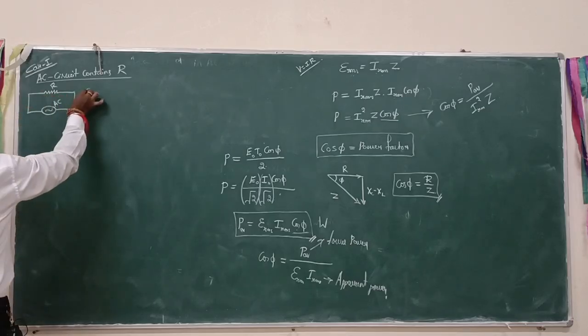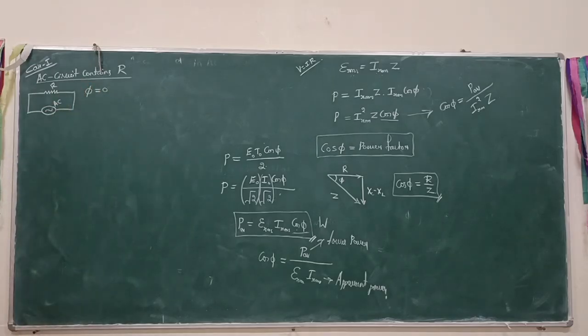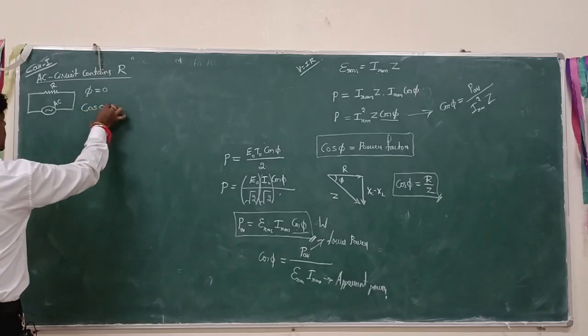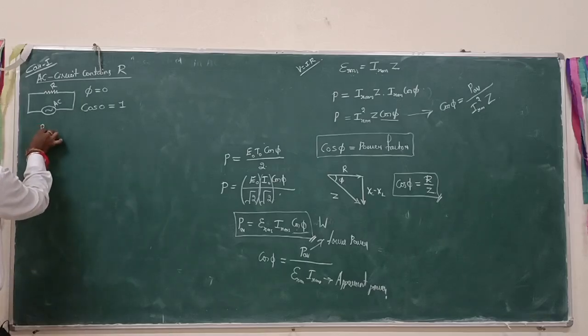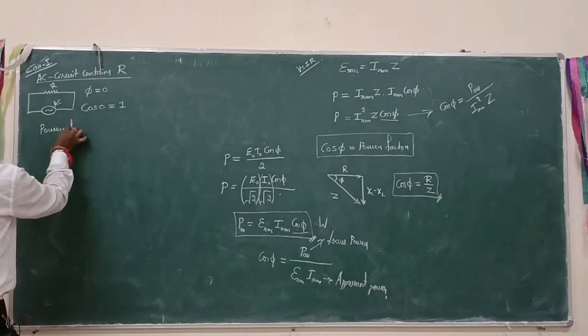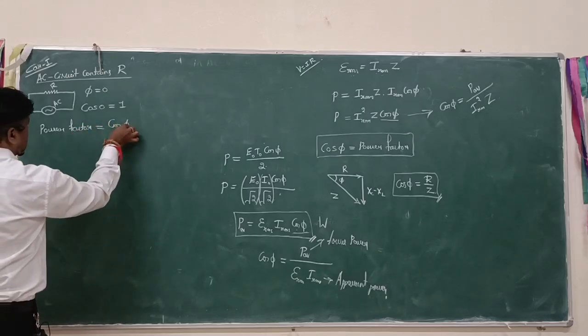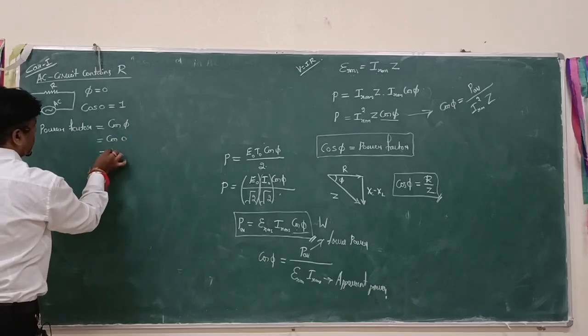So then the phase difference between voltage and current in this case is 0. In a pure resistance circuit, what is the angle between voltage and current? We call it 0. So cos 0 is equal to 1, right? Power factor is equal to cos phi, that is cos 0 is equal to 1.